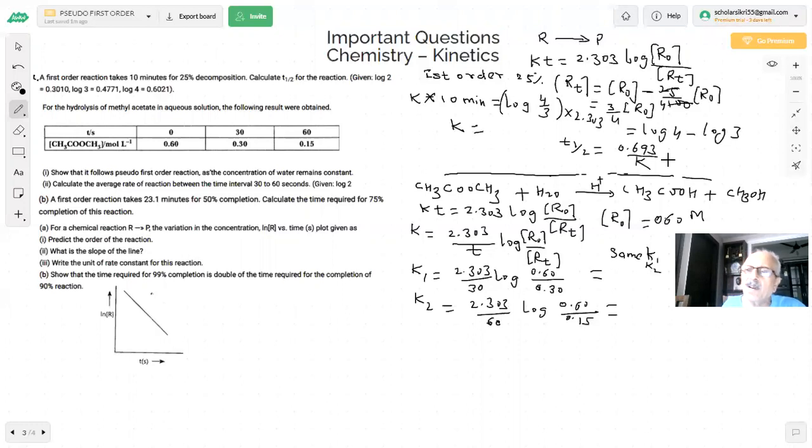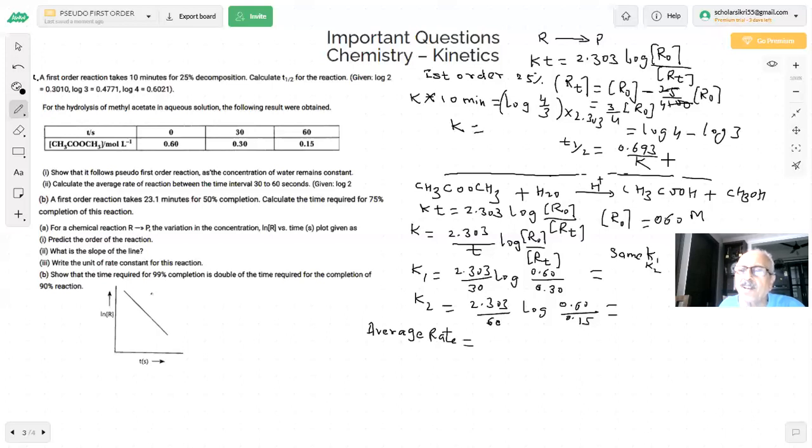Now we gave you the formula for how to calculate the average rate. You already know what the average rate is and how you calculate it. What was the average rate formula?